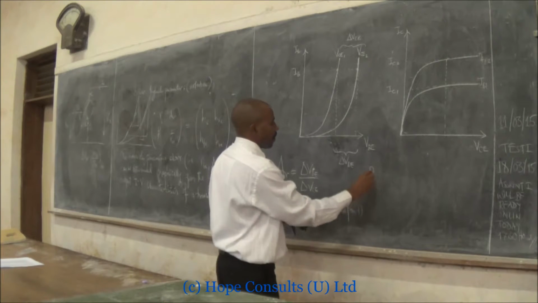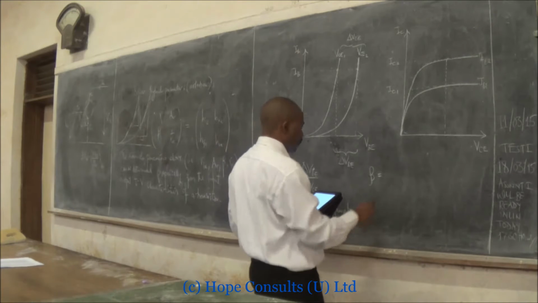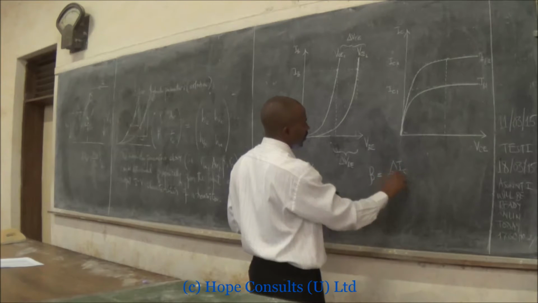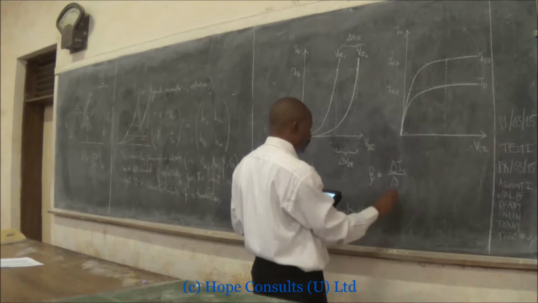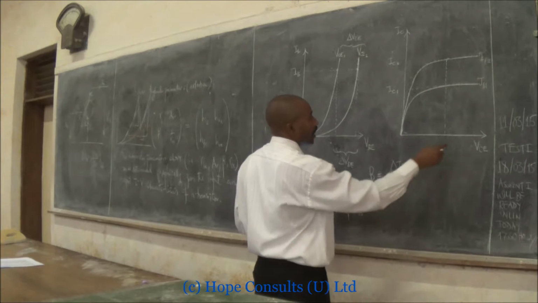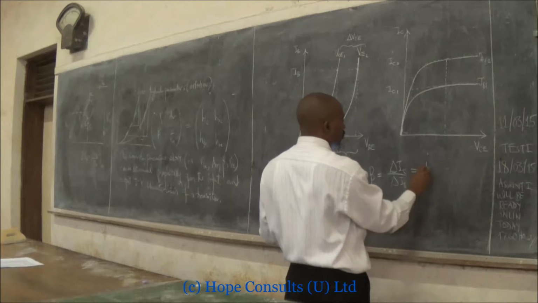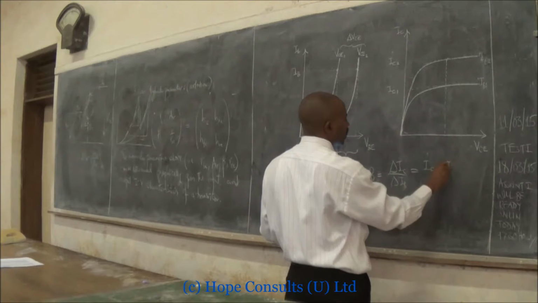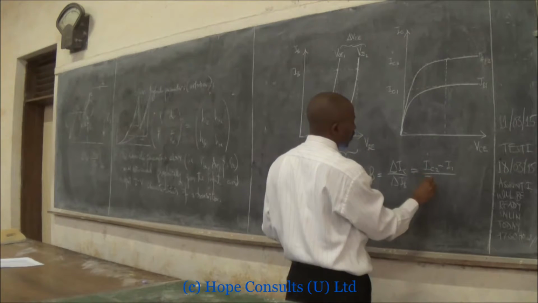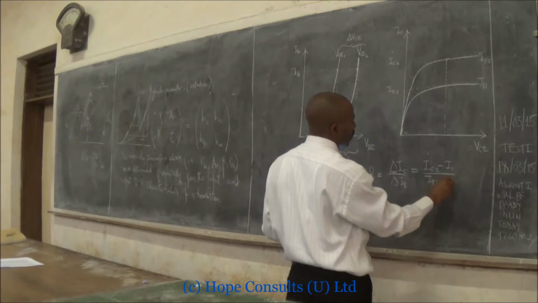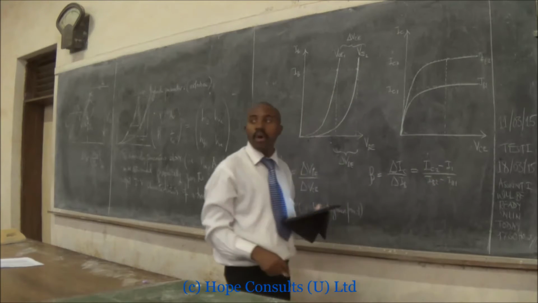Beta would be the same as a change in IC over the change of IB. And that change here is IC2 minus IC1 over IB2 minus IB1.